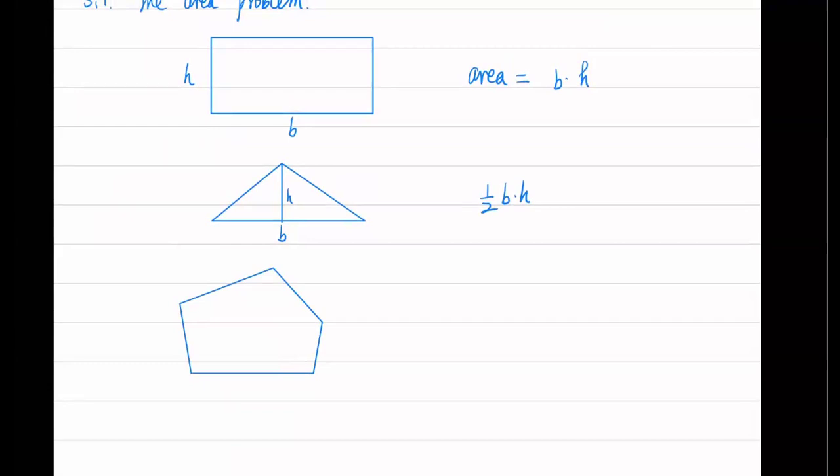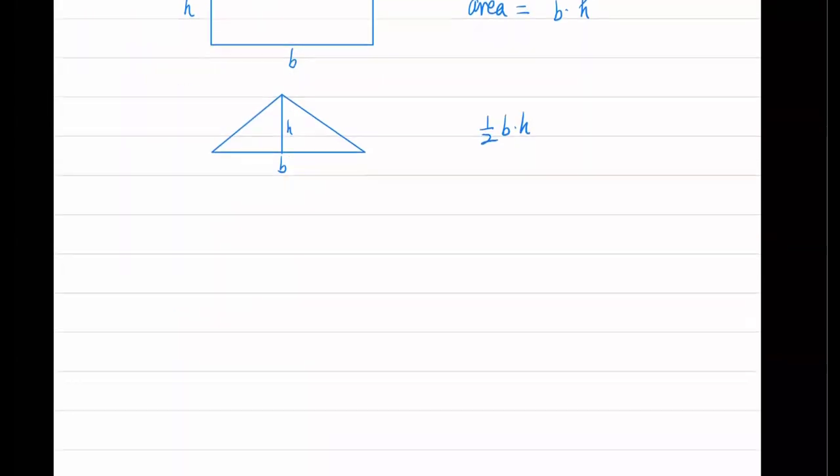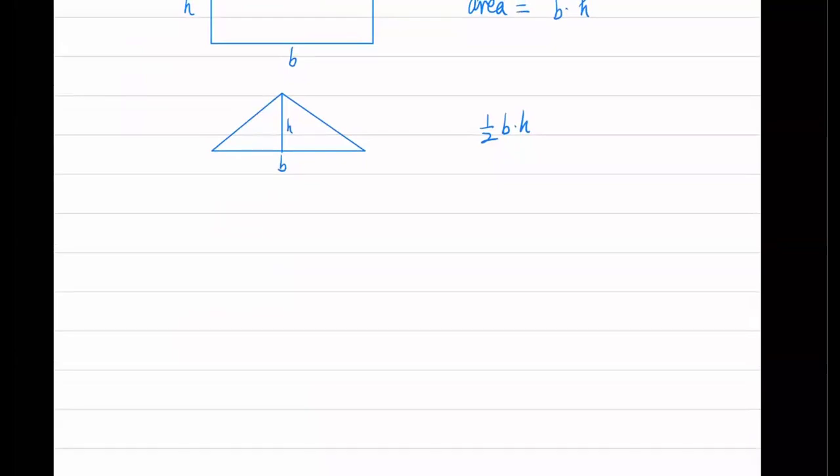Okay, Sakina, how do you find this area? There's no formula for this. This is too general. Even for this, that's too easy, so we make it more complicated. If it is a formula, then it's really?